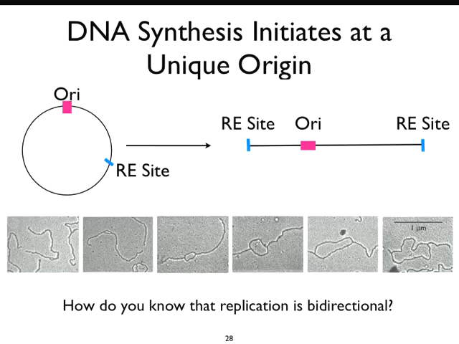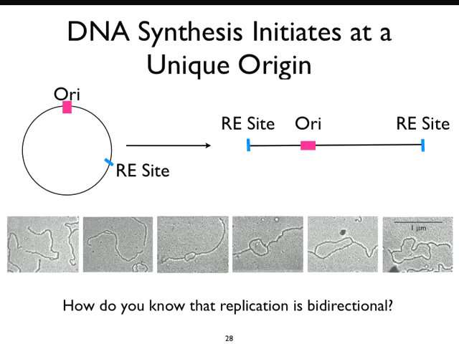If you assume that a circular molecule has a single site of initiation, and that there's also an asymmetrically positioned restriction endonuclease site, then when you open up the molecule, the origin of DNA replication will be asymmetrically positioned from the ends. And that's shown down here.